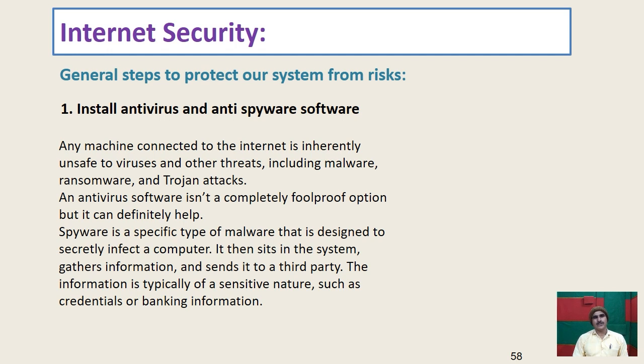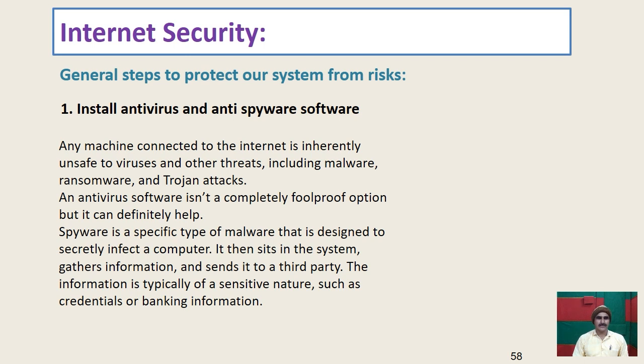Means once your machine is connected to the internet, there is a possibility of virus infection. So antivirus software isn't a completely foolproof option, but it can definitely help. One solution is to install antivirus or anti-spyware on your system, so it can protect your system from these different viruses.